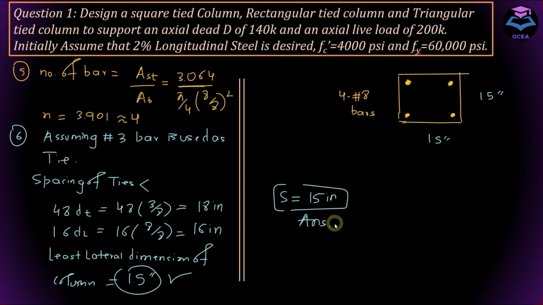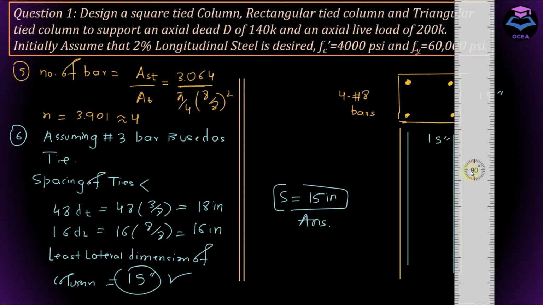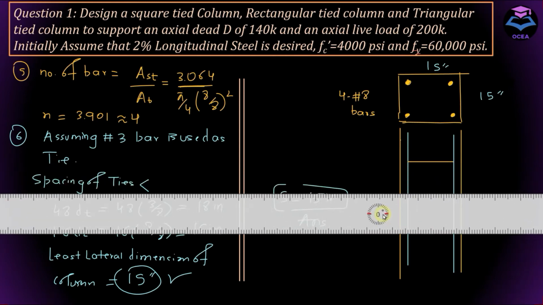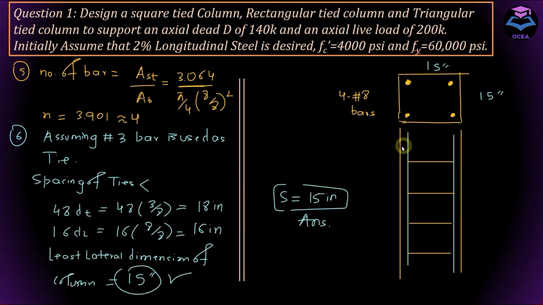And in the end, let's draw the profile of the column that shows us the spacing of ties. So these are the longitudinal bars for number 8 bar, and these are the ties.